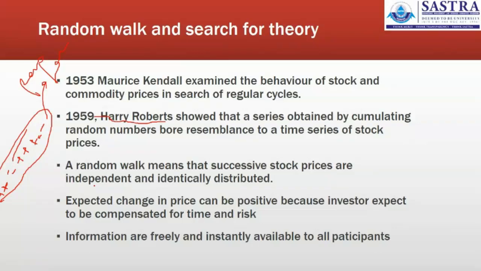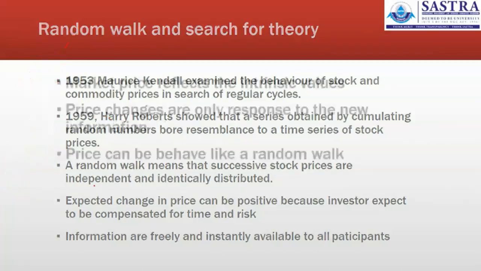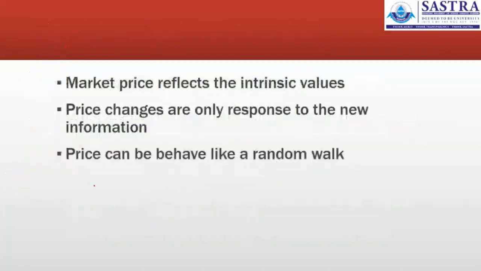Information is freely and instantly available to all the participants, so the market reaction is the change which happens in the market according to the information available. The market reflects the intrinsic value, which is important here. Whether you take it as an efficient market or a random walk, this is what to understand.